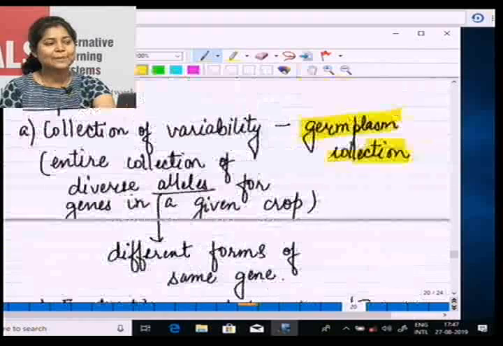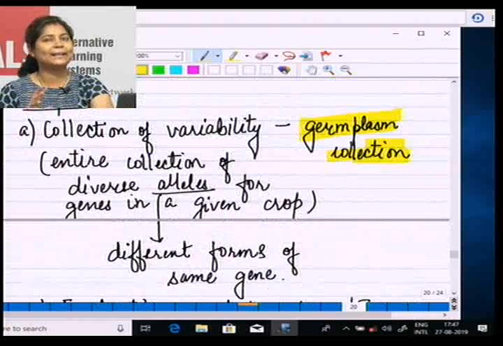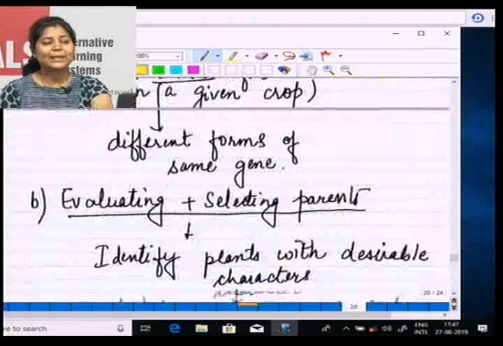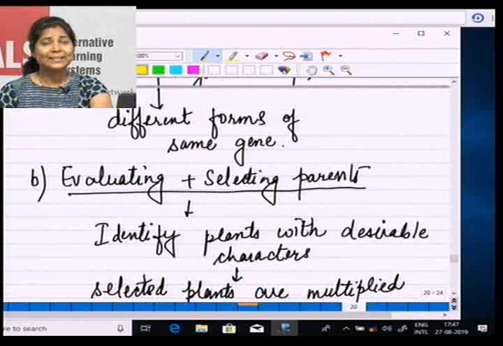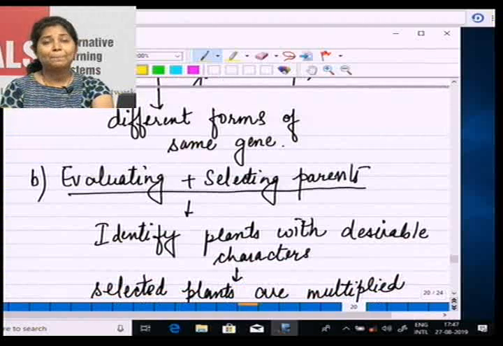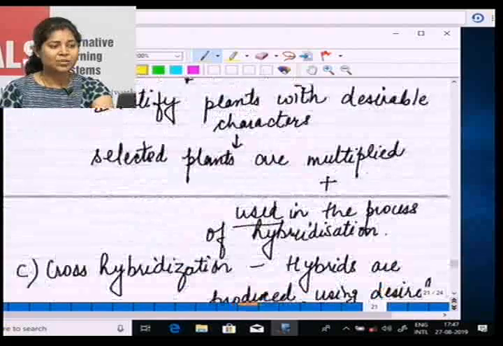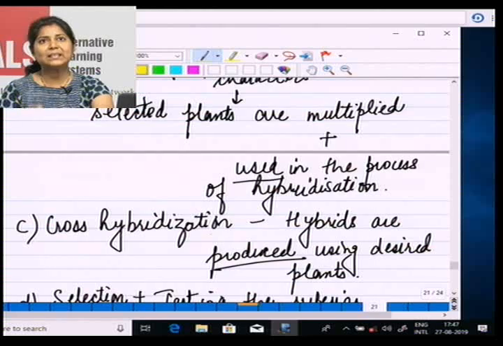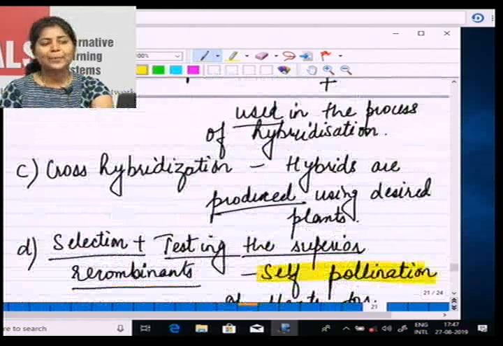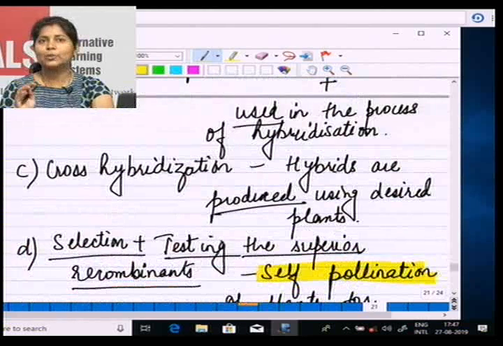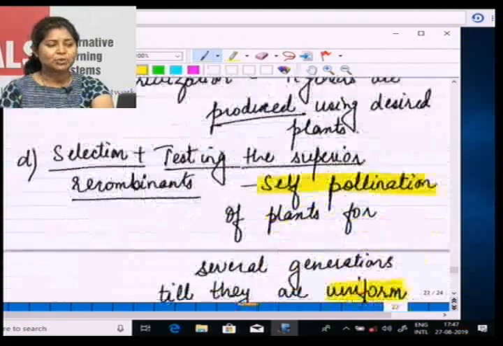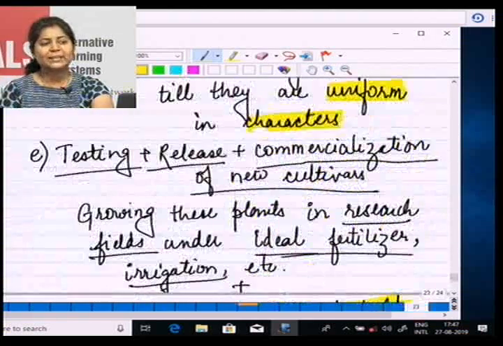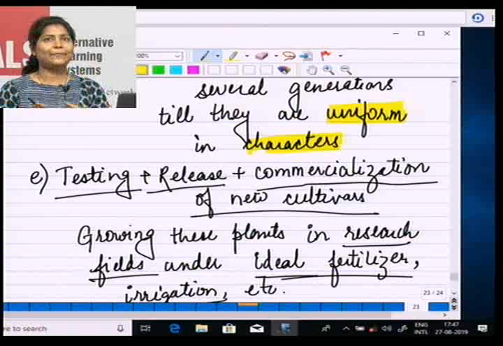Now this is basically collection of the variability. I will be collecting the germ plasm. Then I will be evaluating it. Select the plant, obviously the parent plants. After selection of the parent plant, I will be cross-hybridizing it to get my resultant hybrid, and then the hybrid will be selected, tested for superior recombinants. After testing, what I need is uniform character, pure line we will be developing.